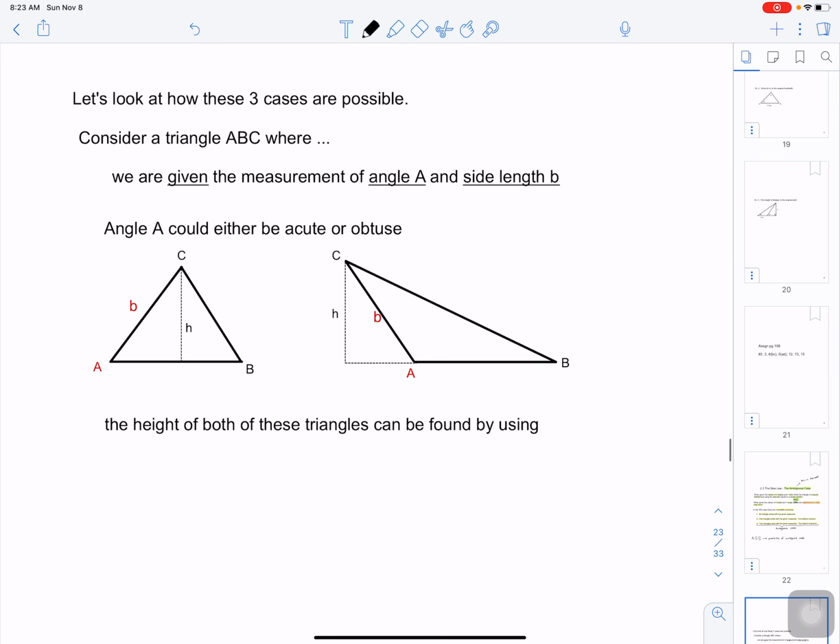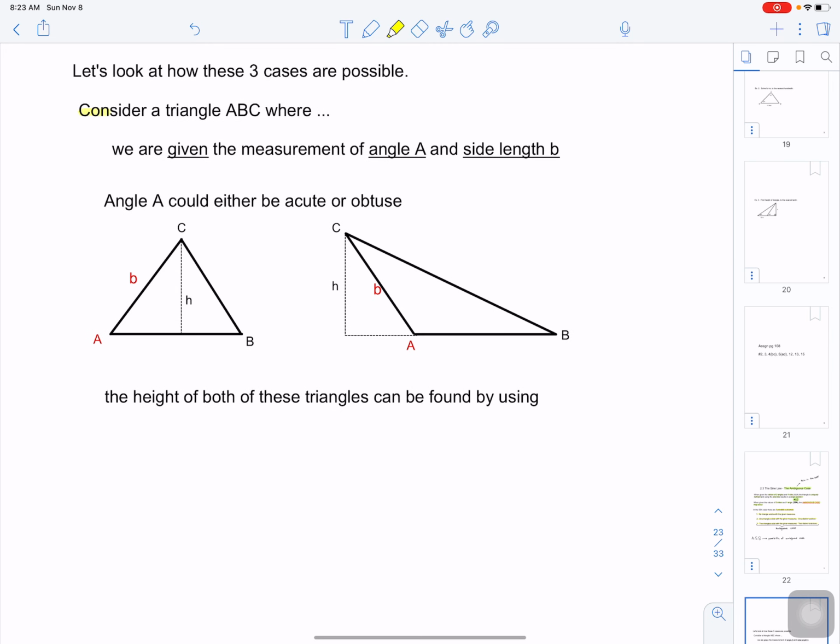So we consider a triangle where we're given the angle A, and I'm going to always line up my triangle where the angle A is always sitting on the bottom left of the diagram. For whatever reason, I have trouble manipulating triangles around and rotating them in my head.